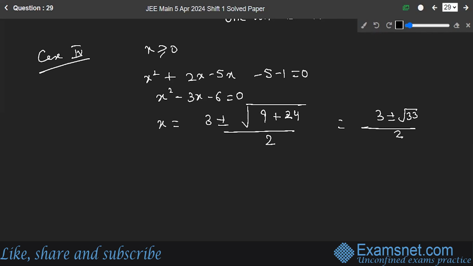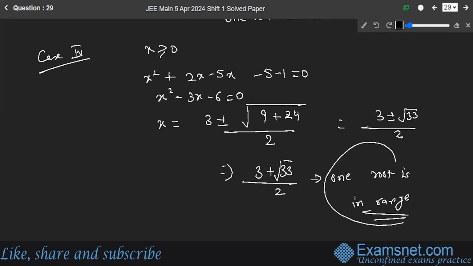See, because positive number, this is 3 plus this, because 3 minus root of 33 will give me a negative number. So from here, one root is in the range.